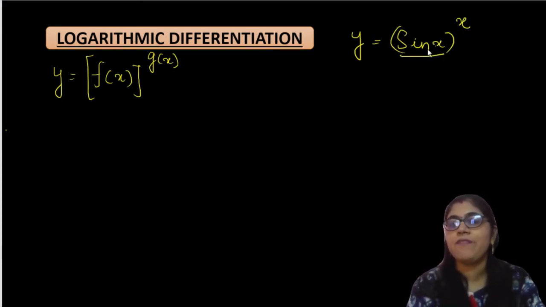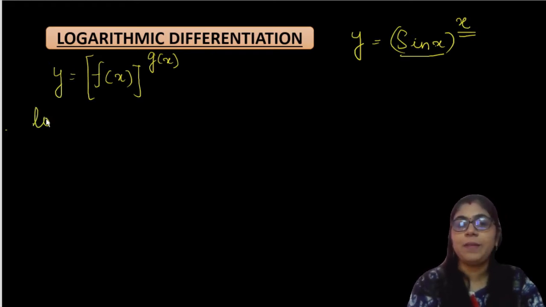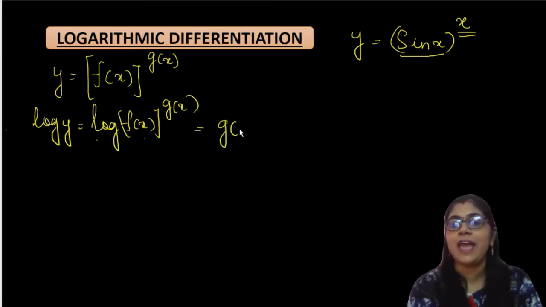So, f(x) is sin x and g(x) is x. So, what we'll do now, we'll take log on both the sides. That means log y equals log of f(x) whole to the power g(x). And this is in the form of log of x to the power n. So, we can write g(x) log f(x).